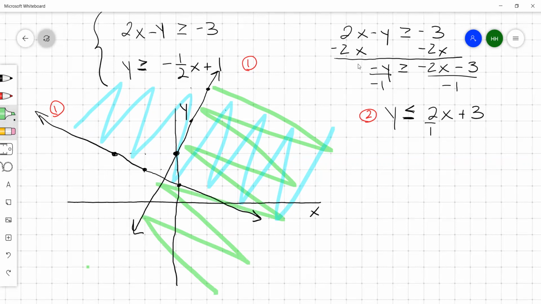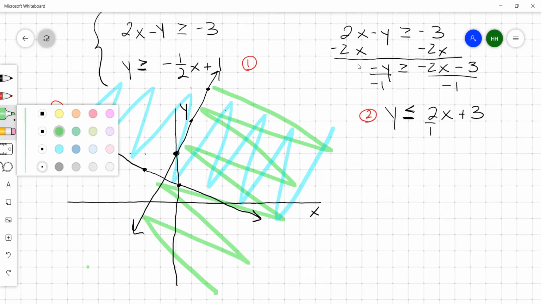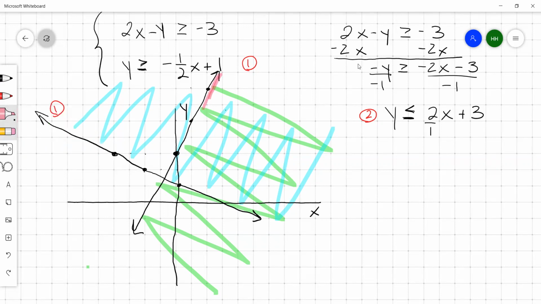Now, do you see where the shading intersects each other? Where the shading intersects, where the blue and the green overlap, are where all the solutions lie to this system. So everything on the line to their point of intersection, every point on both lines, and any point in this region.